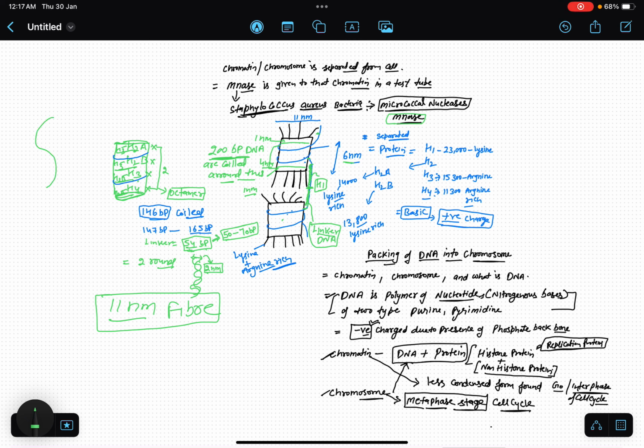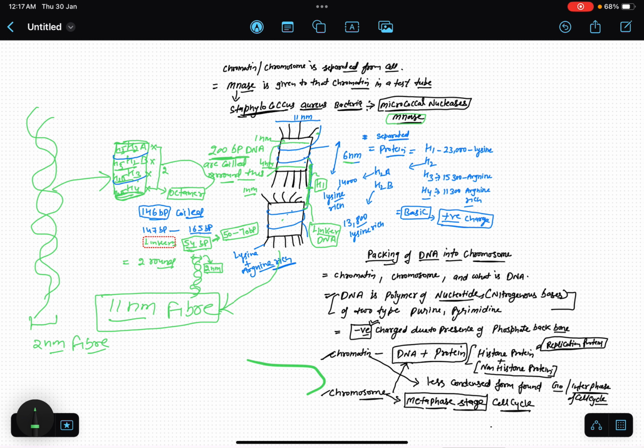And this DNA without coiling is also known as 2 nanometer fiber. If it's coiled with this, like this, then it is known as 11 nanometer fiber.